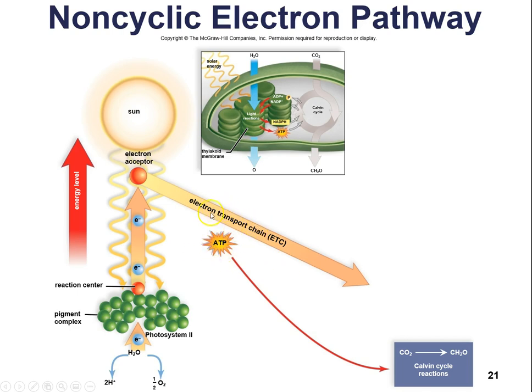So the ATP is produced from the electron transport chain, but in an indirect way. We will focus on this electron transport chain and explain how exactly that ATP is being produced. Right now we're not showing those details.